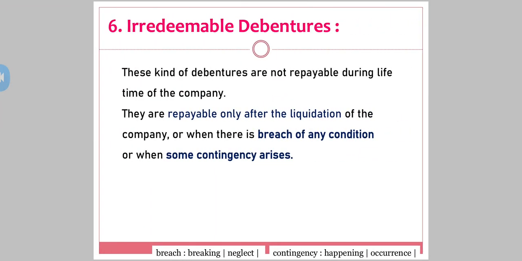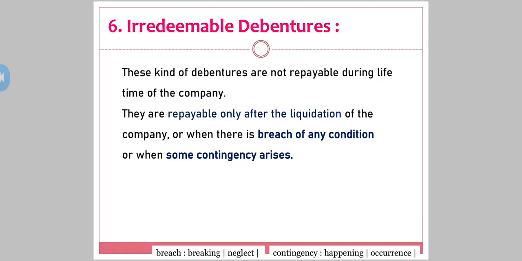Now the sixth one is irredeemable debentures. These kinds of debentures are not repayable during the lifetime of the company. If I say irredeemable, that means the company is going to utilize the capital invested by the debenture holders till the lifetime of the company.